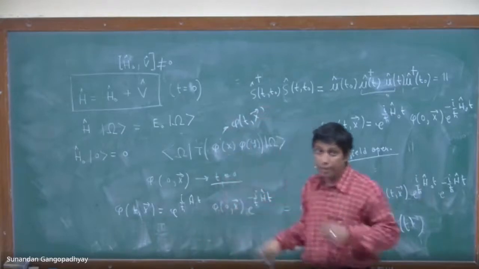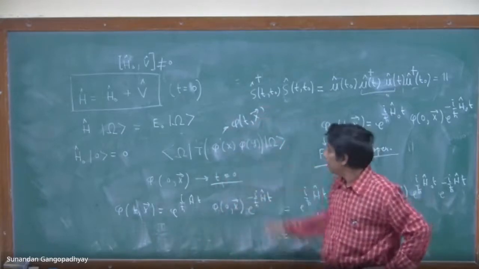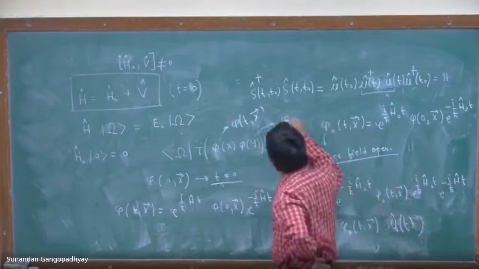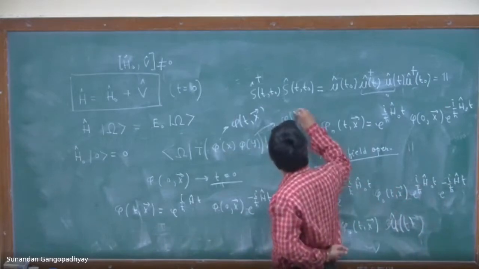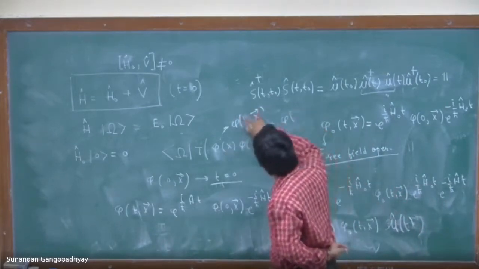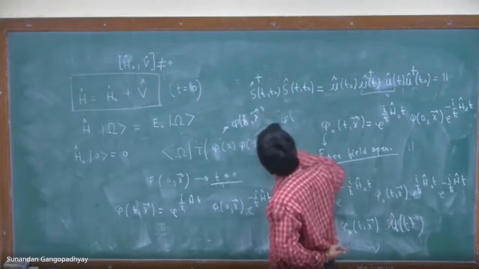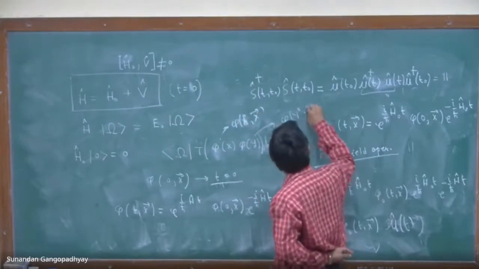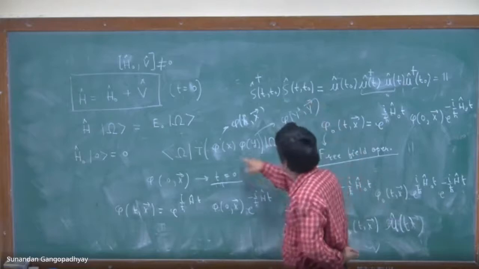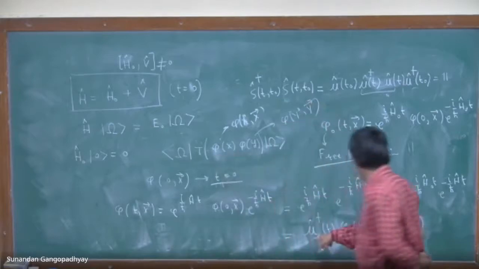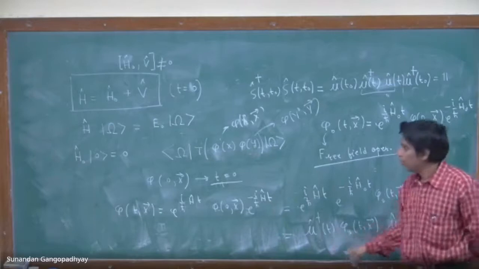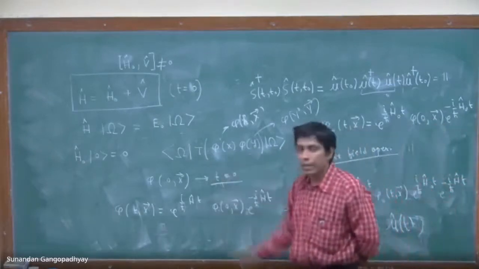So this is t comma x, and this phi y is also phi. Okay, let me write this down as x0, and this is y0 comma y vector. So you know what this phi x and phi y is in terms of this. So you can put it over here, take the time ordering of that.